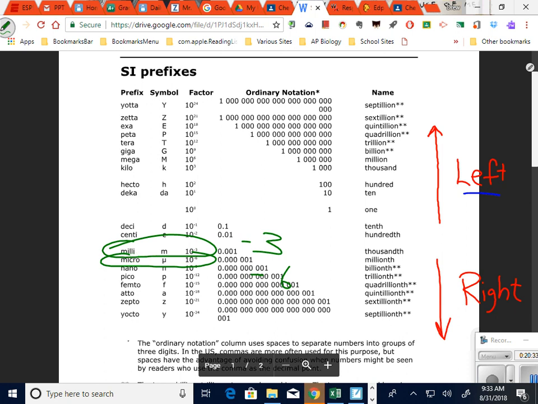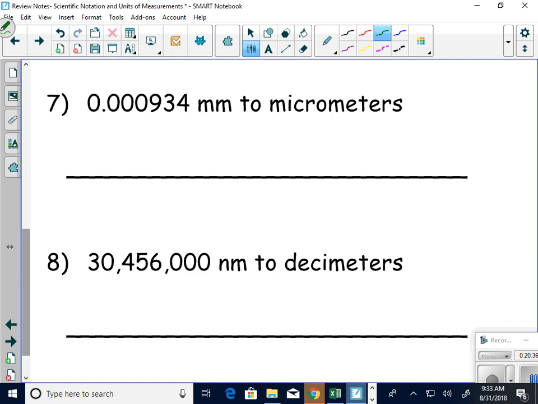The right. Come back 3 places to the right. 1, 2, 3. So I have my new number being 0.934 micrometers. Any questions over that one?